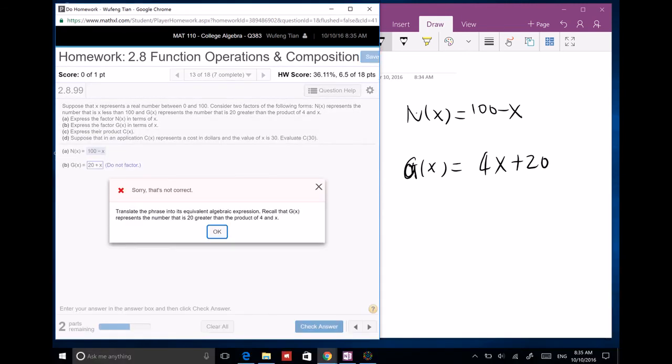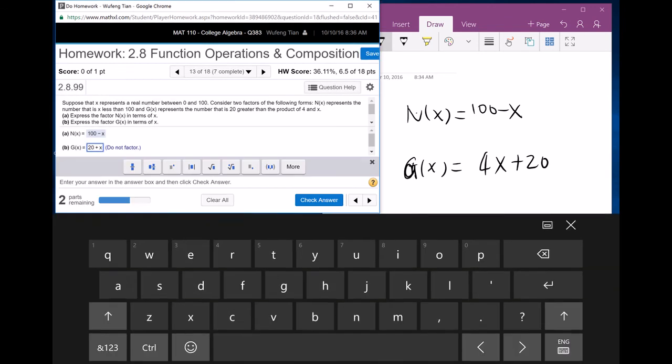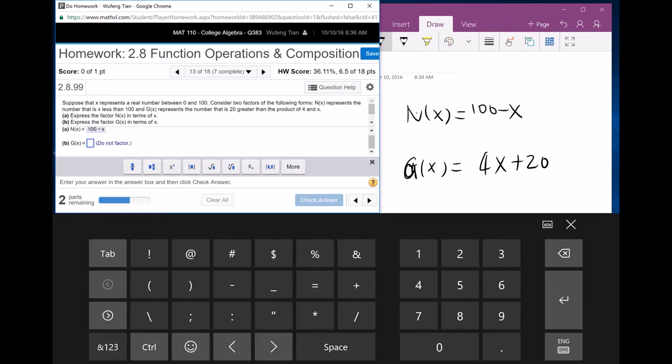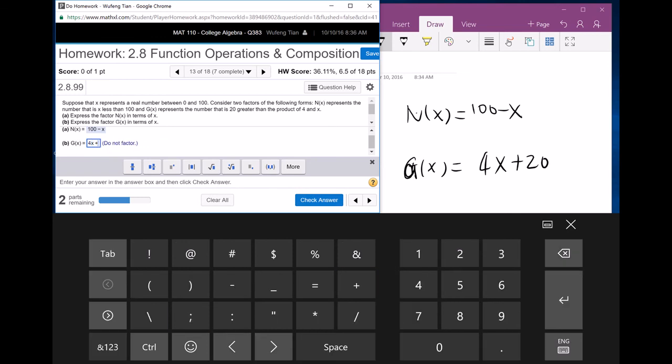Okay. Recall that g of x represents a number that is 20 greater than the product of 4 and x. Oh, I forgot 4. So 4x plus 20.